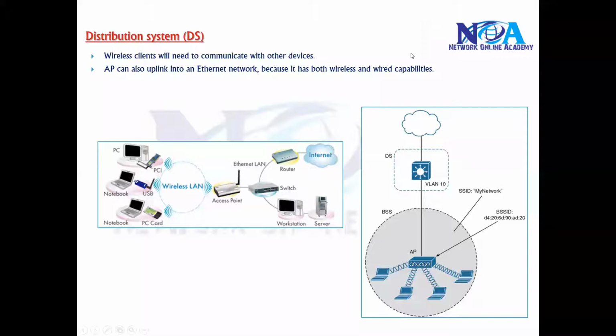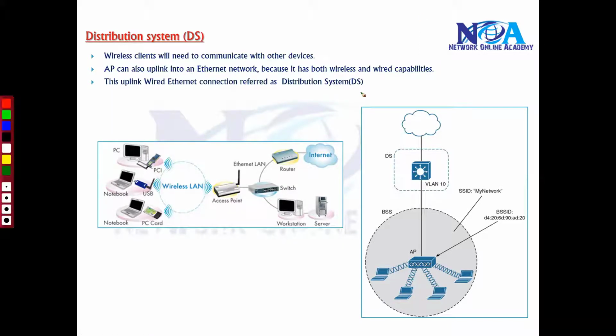Now this uplink, whatever uplink we are going to connect here, from the access point to your wired network, to the switch or to the router, technically we call this a distribution system. The distribution system is the interconnection of your access point from your wireless network to the wired network. So we call it a distribution system here.